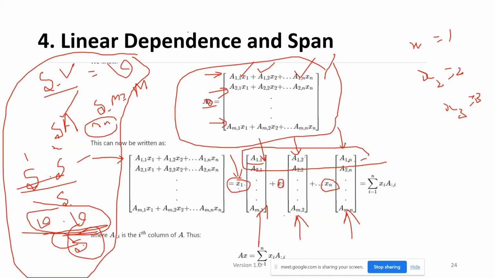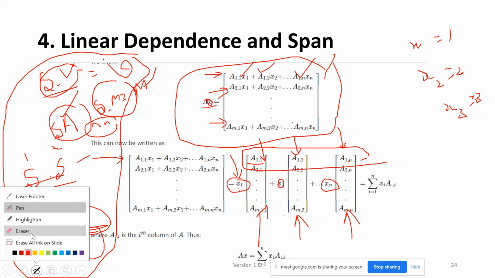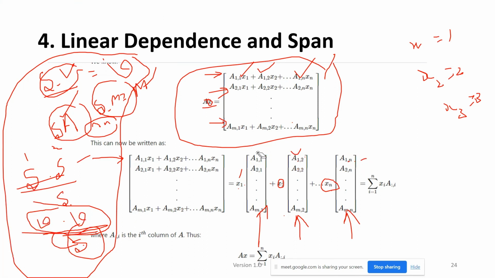Matrix and scalar generates a matrix. Vector and scalar generates a vector. That is how the conversions are applied here. So what is this? This is a vector.